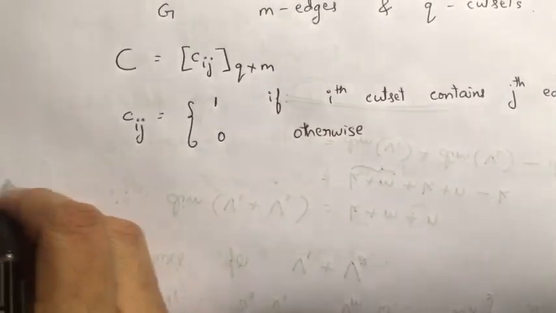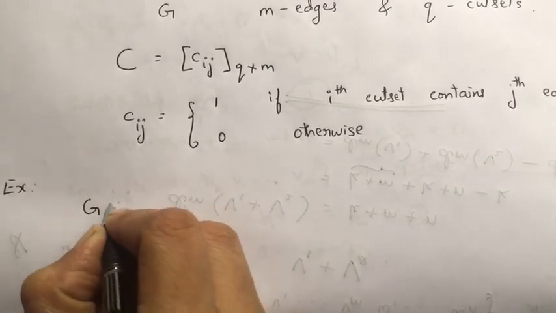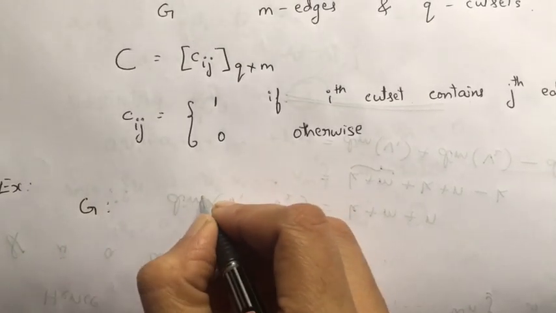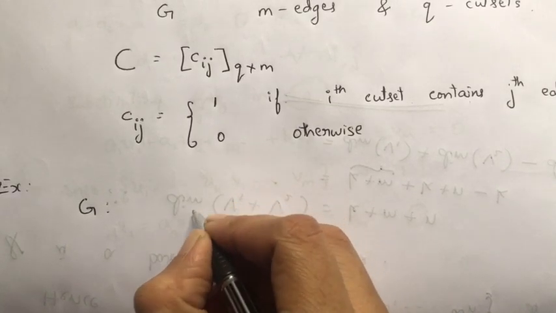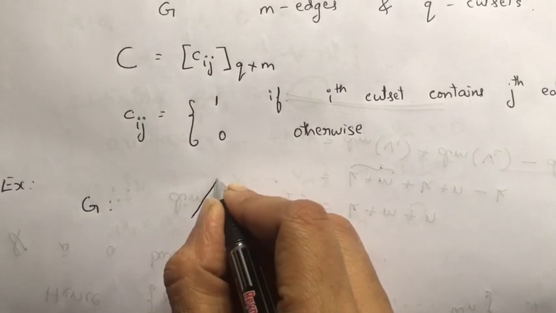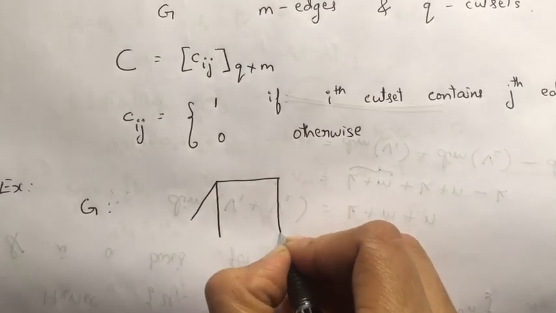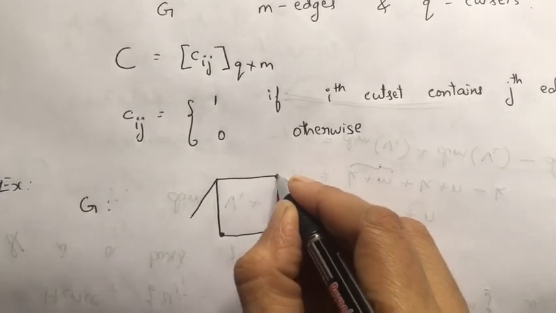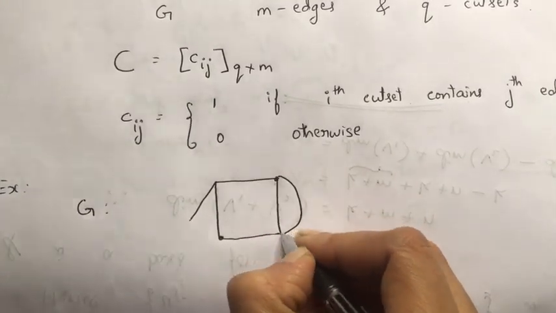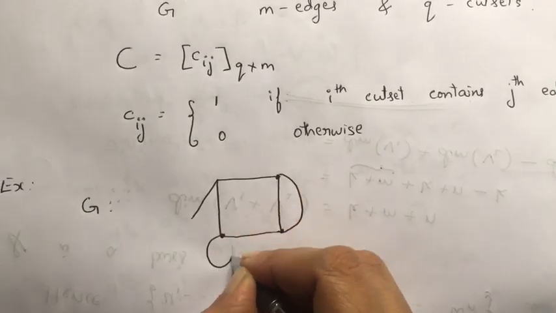Suppose this is my graph G. It is like this: a graph on 5 vertices, say 1, 2, 3, 4, 5. There is a parallel edge, and we'll have a self loop.